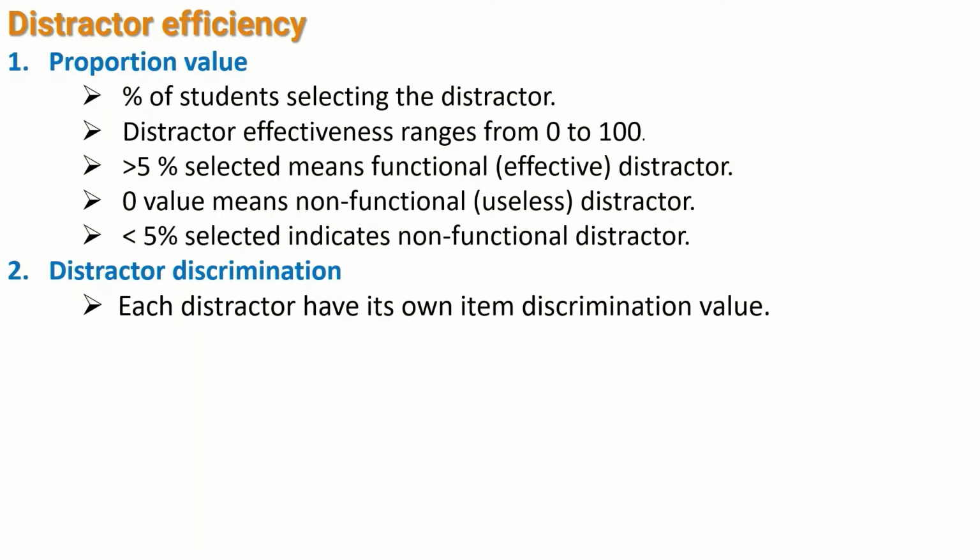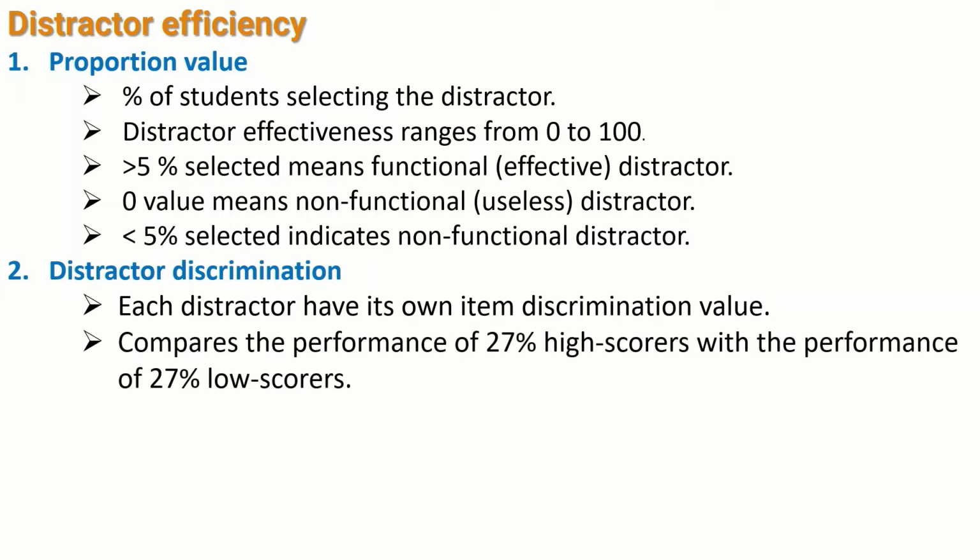Another method to assess the item distractor is to calculate the distractor discrimination. Each distractor will have its own item discrimination value. The test will compare the performance of the 27% high scorers with the performance of the 27% low scorers.